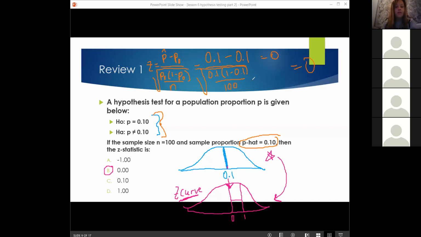It doesn't matter what this is, because it would come out to 0 in the end. So this equation is just another way to find your z-score by plugging in these numbers. But this is a more conceptual way to understand that our 0.1 aligns with our mean of 0 here, because our p hat was also 0.1. So that's why our z-score is going to be 0. Does that make sense how I explained that?